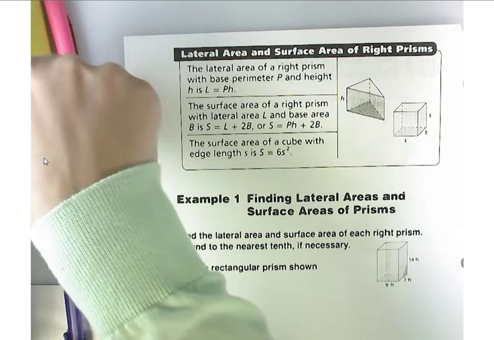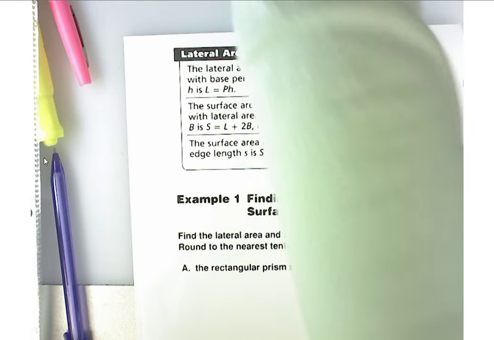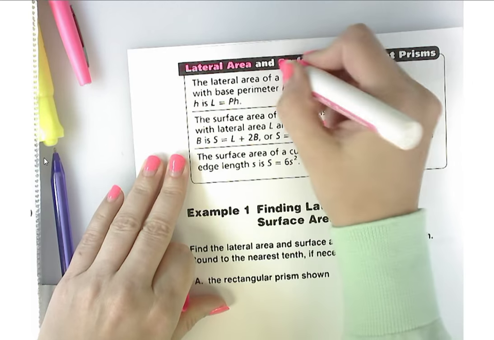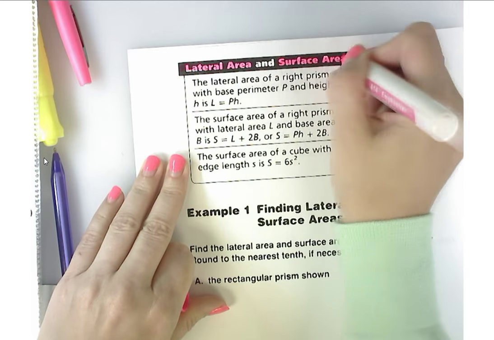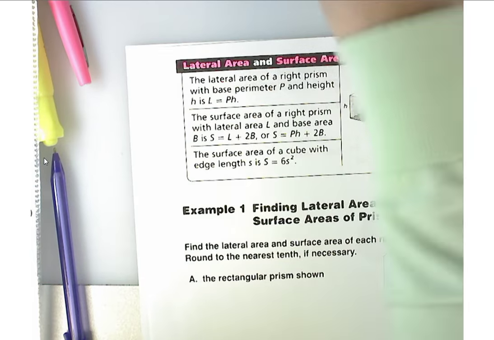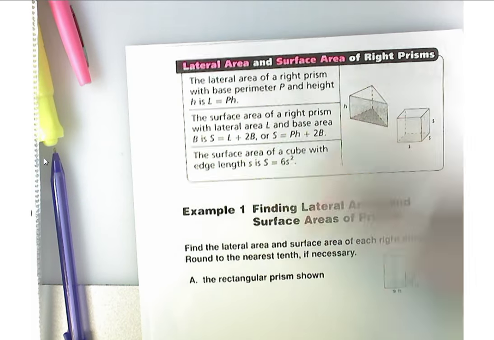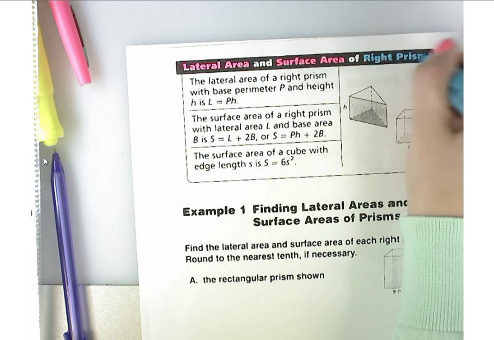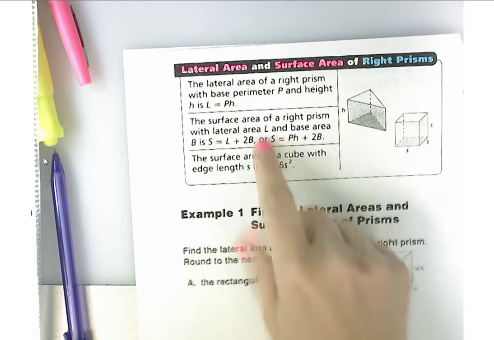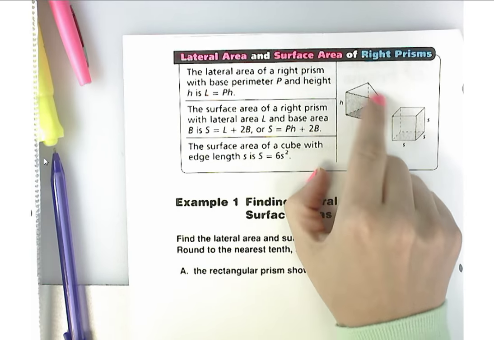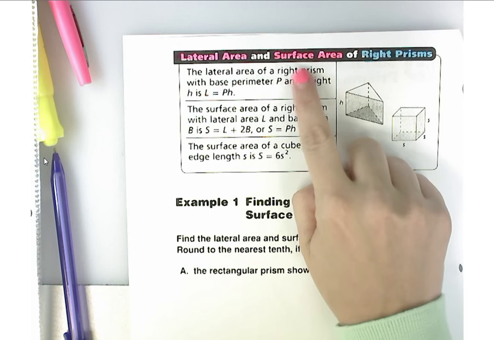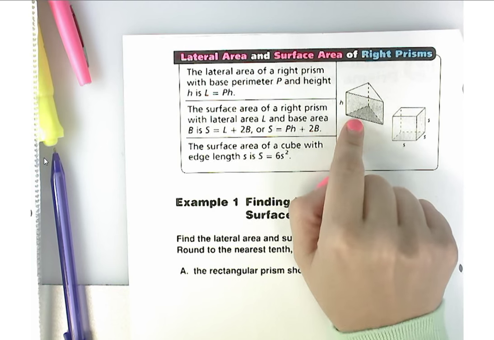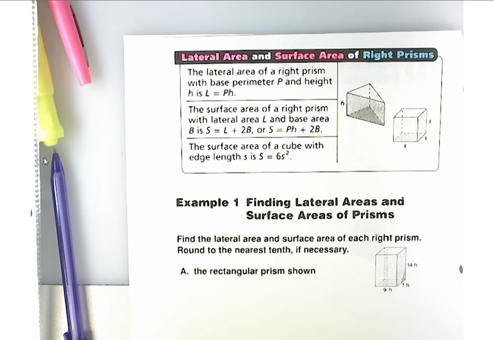All right, so the first one, this is the lateral area and the surface area of right prisms. So the lateral area is just the area around, that's just the faces. The surface area is the lateral area, but it includes the area of your two bases as well.